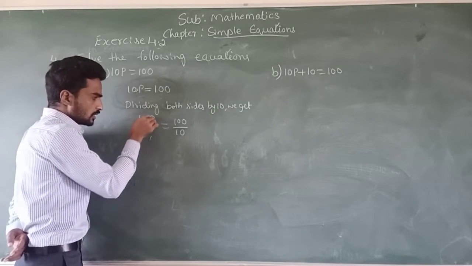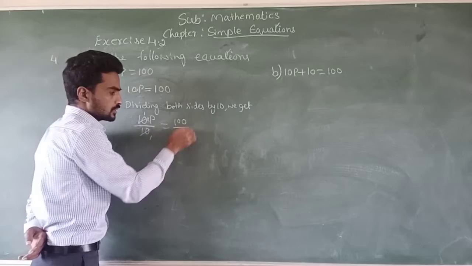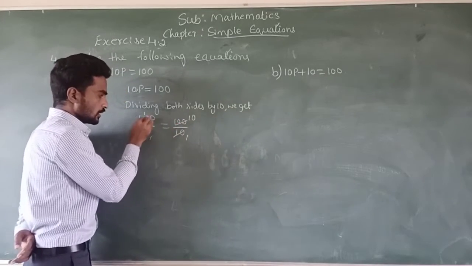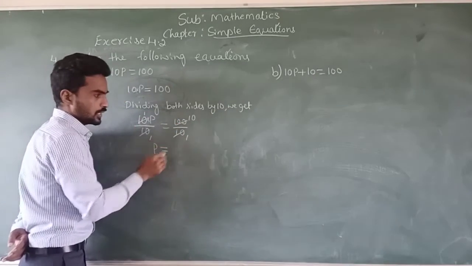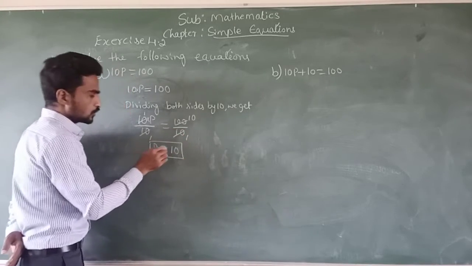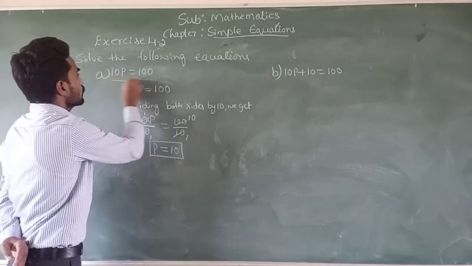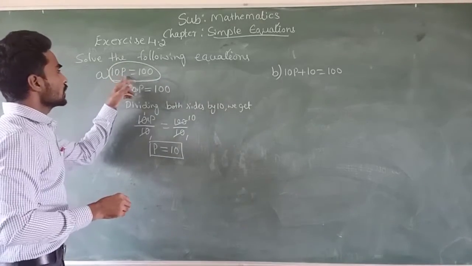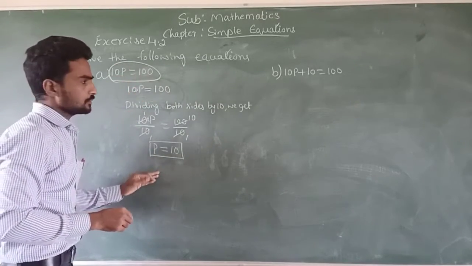Here 10 ones are 10, 10 tens are 100. Then p into 1, again we get p. 10 divided by 10 is 10, so p is equal to 10 is the solution of the given equation 10p is equal to 100.